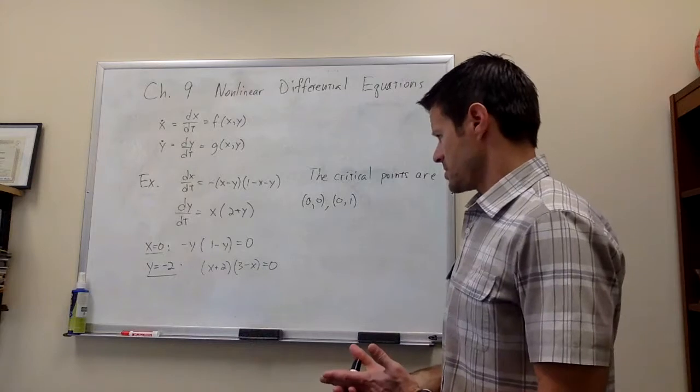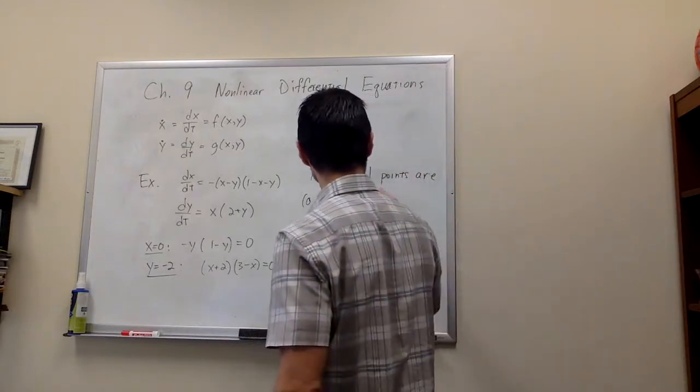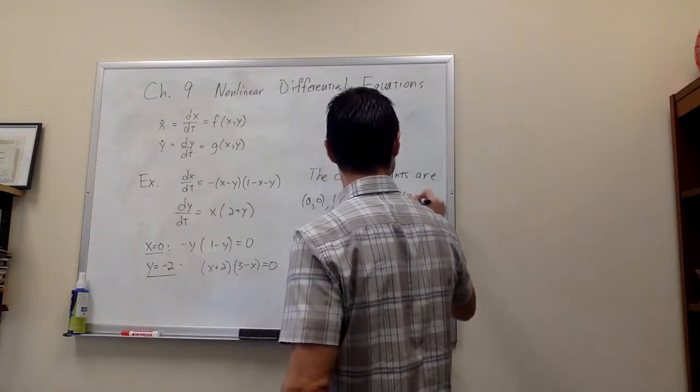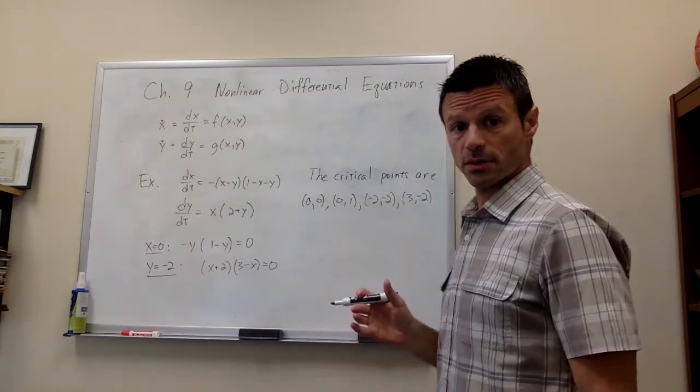So if y is -2, then x is either -2 or 3. So these are the four critical points.